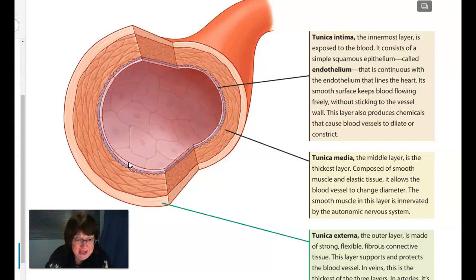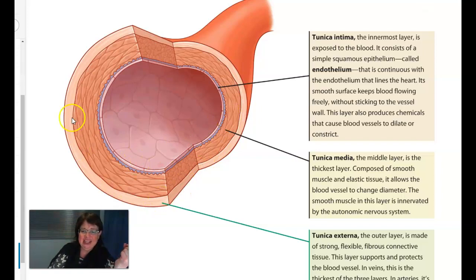It also allows the autonomic nervous system to cause vasoconstriction, which decreases the diameter of the blood vessel, or vasodilation, which allows the diameter of the blood vessel to increase.